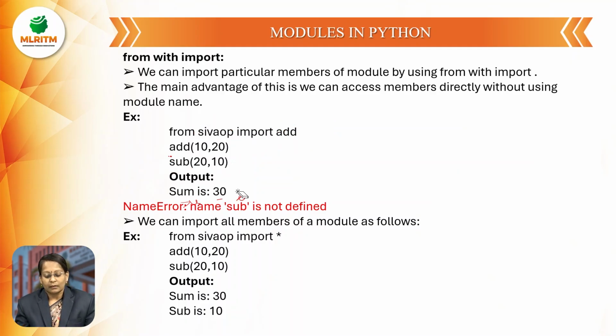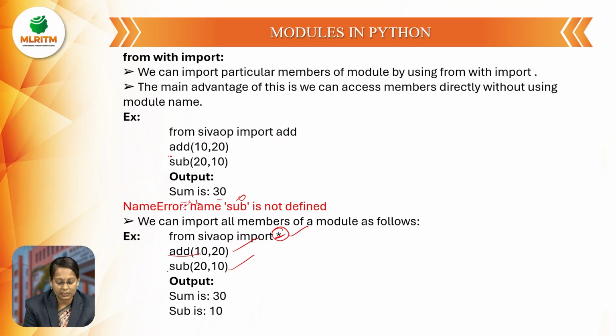We can import all members of a module as follows: from shivaop import star. Star is nothing but all the members. All the members are nothing but the variable names and the function names. Add(10, 20), sub(20, 10).